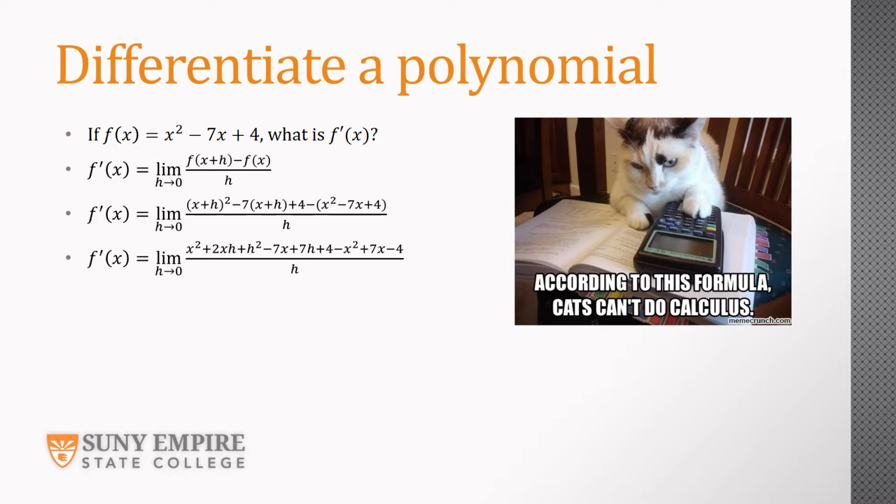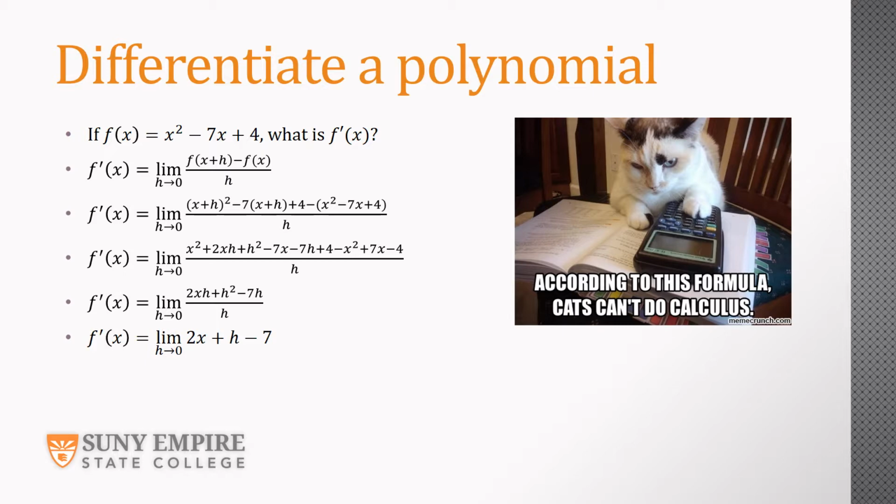Expanding and distributing, we have f prime equals the limit as h approaches 0 of the quantity x squared plus 2xh plus h squared minus 7x minus 7h plus 4 minus x squared plus 7x minus 4 divided by h. Combining like terms, we are left with the limit as h approaches 0 of the quantity 2xh plus h squared minus 7h divided by h.